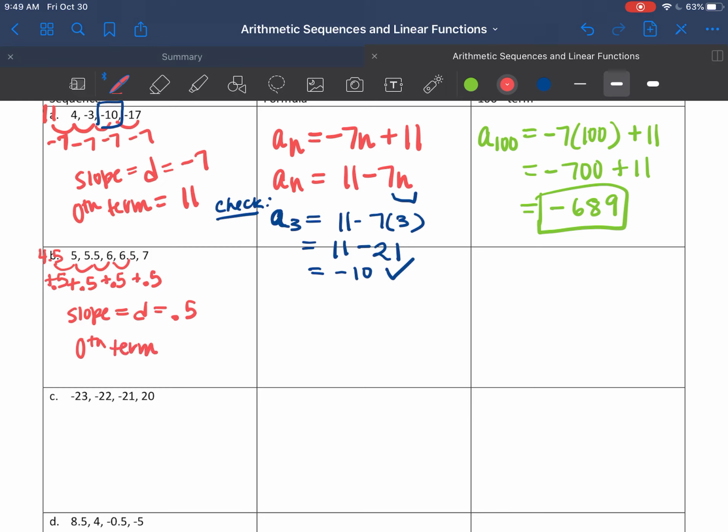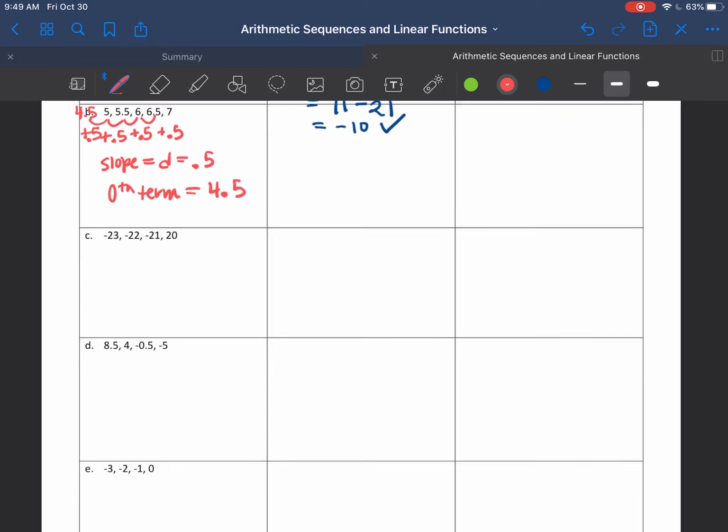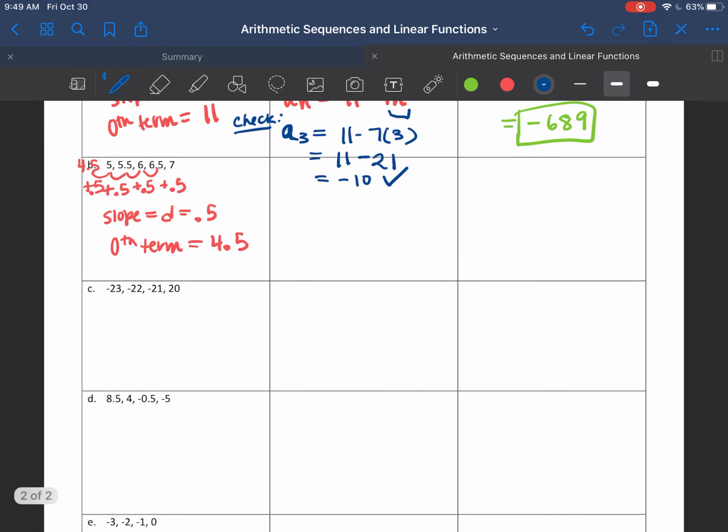That would be 4.5. So the 0th term, or the y-intercept, would be 4.5. And so for our equation, we have 0.5n, that's our slope, so that's why you need to multiply that by n, plus 4.5.